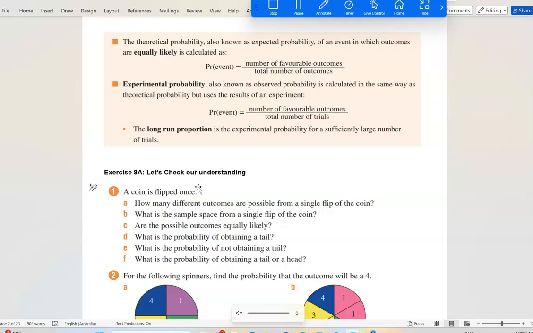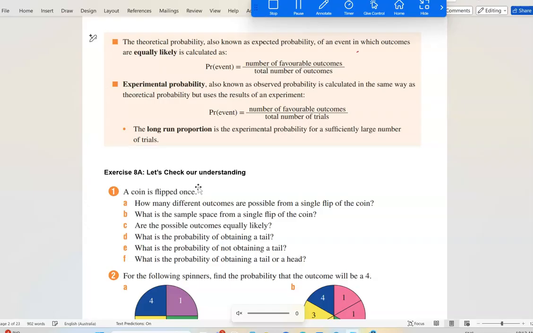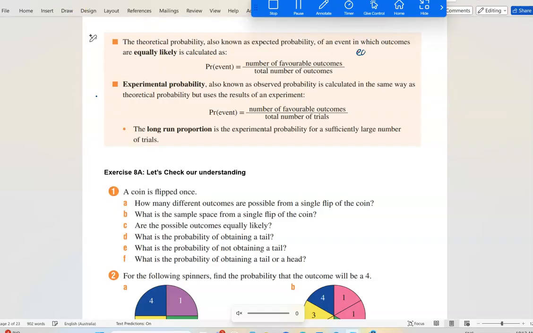That's an equal chance. The way we work out the probability is we'd say the favourable outcome over the total outcomes. Let's put a little example here so you know. Say we wanted a 6 on the dice. That would be our favourable outcome.